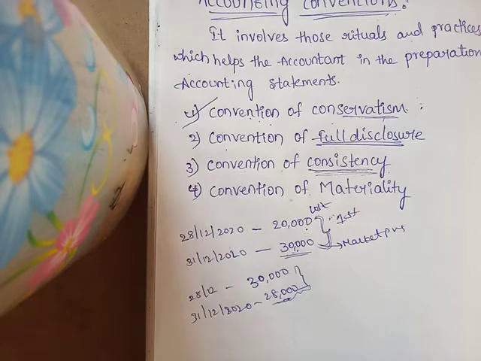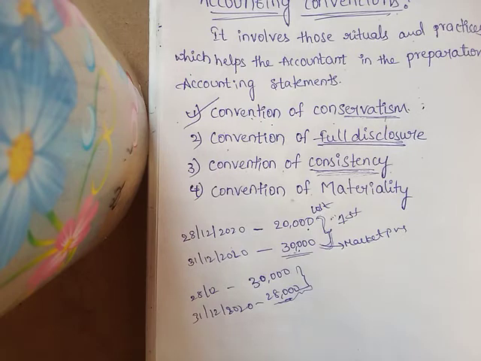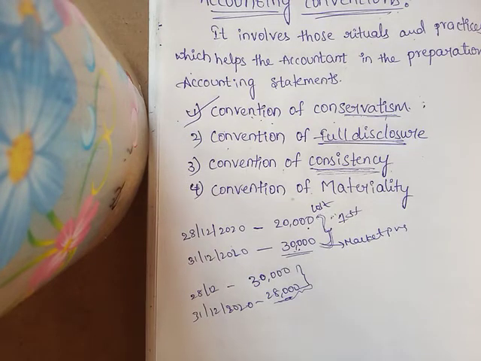According to this convention, a company must follow the same accounting practices and methods from one period to another. Generally, when we prepare the final accounts at the end of each year, we have to maintain one method, one principle or accounting practice.